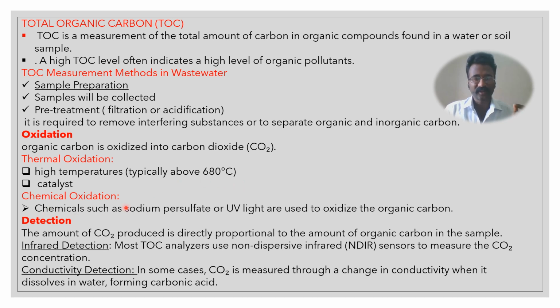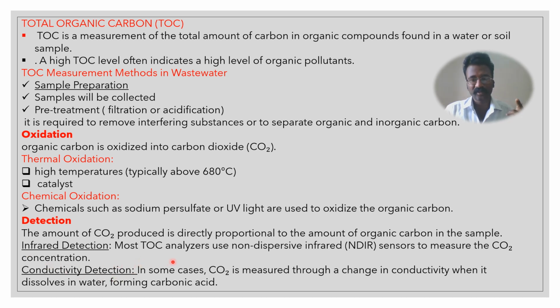So what is chemical oxidation? Here it uses chemicals such as sodium persulfate or UV light to oxidize the organic compounds. Detection: how are we able to detect? There are two types of detection, one is infrared and the other is conductivity detection.